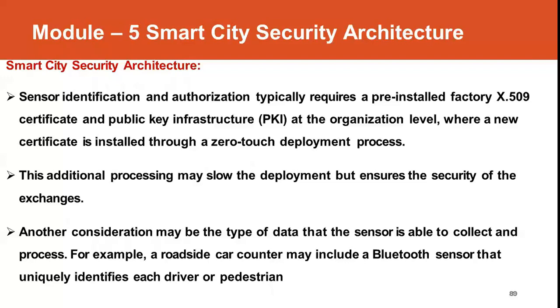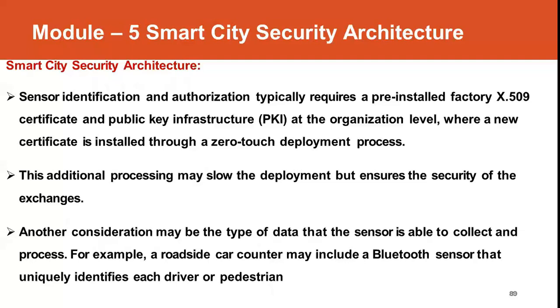Having these security measures might slow down the entire deployment process, but security is a must. So the application has to bear this processing slowdown. Another consideration is the type of data the sensor is able to collect and process.